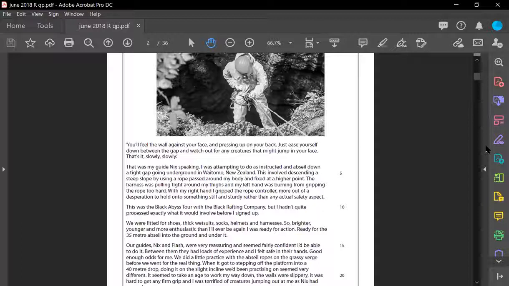The harness was pulling tight around my thighs, and my left hand was burning from gripping the rope too hard. With my right hand, I gripped the rope controller more out of a desperation to hold on to something still and sturdy rather than any actual safety aspect.